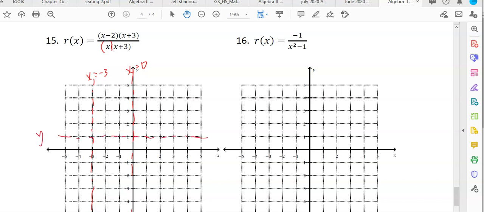So y equals 1. And let's find the y-intercept. There's not going to be one, but x-intercept, I think there will be. So that would be 0 equals, just put it equal to the numerator, x minus 2 times x plus 3. So x equals 2 and x equals negative 3.